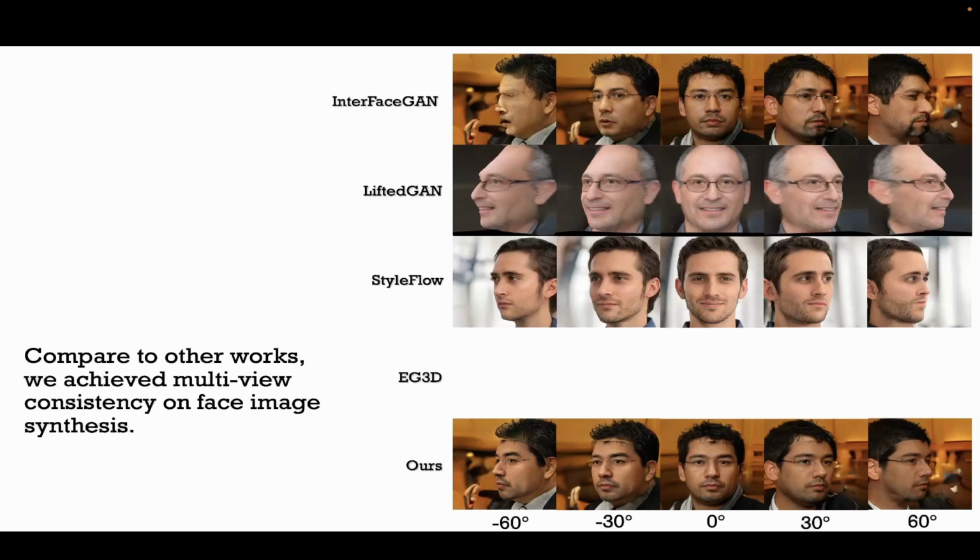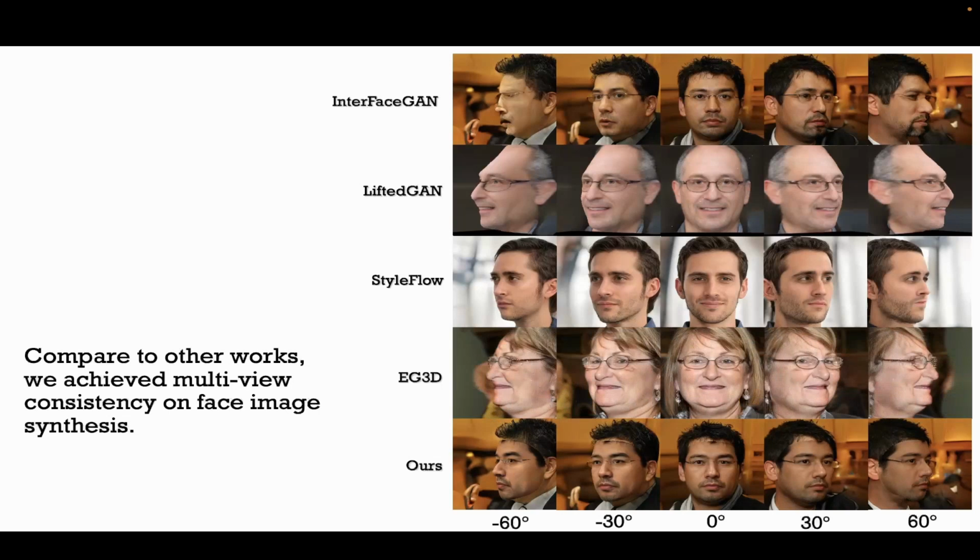The recently proposed EG3D can better preserve shape consistency than InterfaceGAN, LiftedGAN, and StyleFlow. However, it also exhibits distortions when the yaw angle becomes large, especially around the eyes. As shown below, our method achieves superior results in terms of view consistency while preserving the quality of the face.